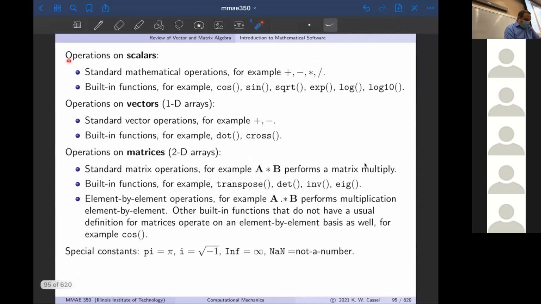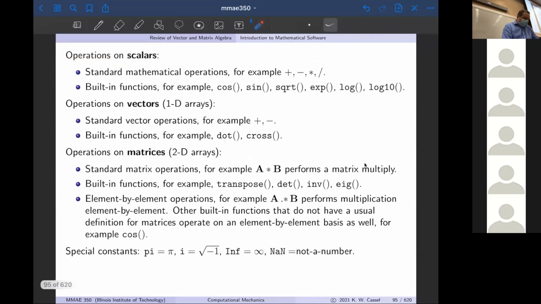So all the operators in terms of scalars are exactly what you'd expect. Plus, minus, multiplication, division. The asterisk is multiplication. It has built-in functions for all the usual math operations that you want, sines and cosines, square roots, exponentials, and logs, and so forth. Operations on vectors, which are 1D arrays. So this is something you're gonna have to get used to. In math, and physics and engineering, we talk about scalars, vectors, and matrices.